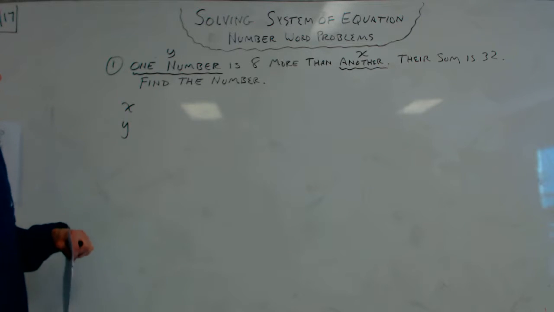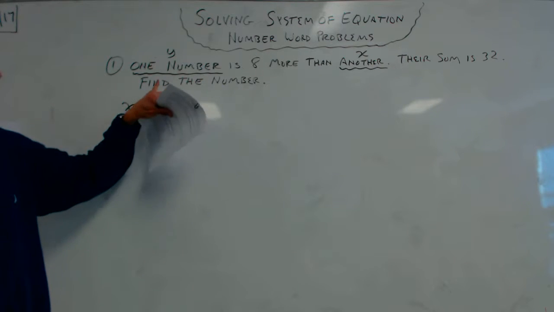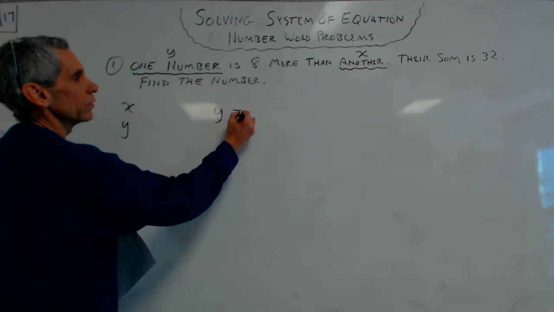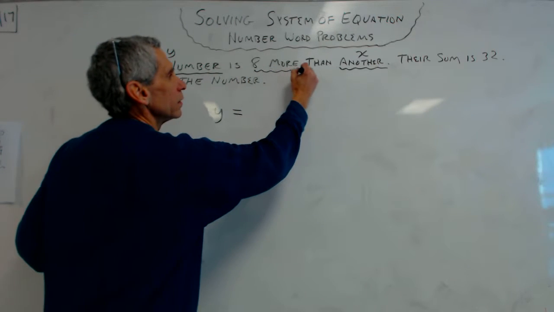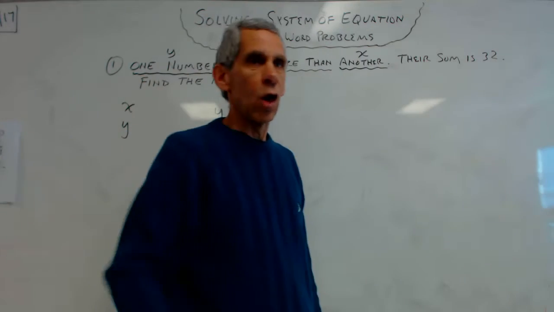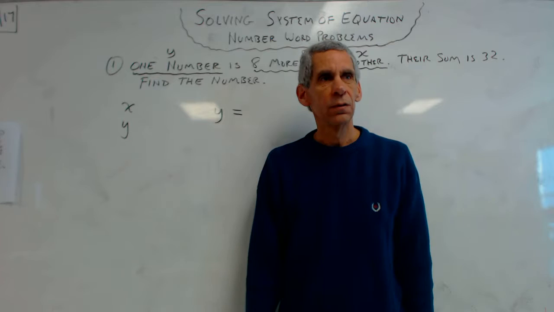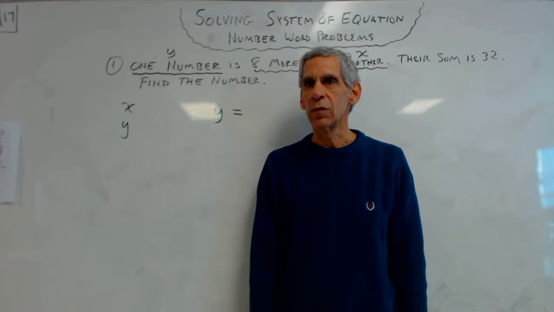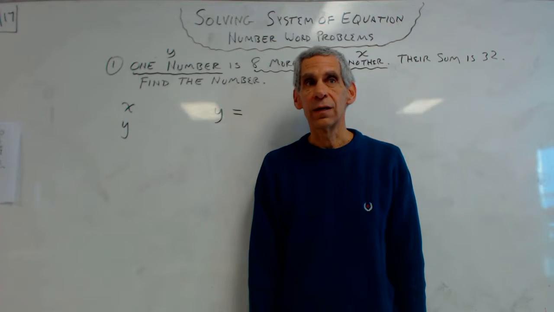And it says one number, so I've got to deal with this. One number, y, equals 8 more than. Is 8 more than 8 plus? No, it is not 8 plus. How would you write 8 more than? Plus 8, right?